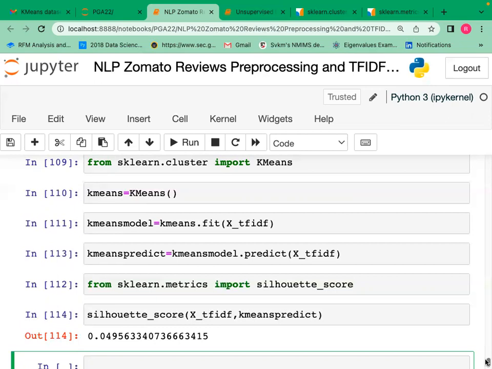So that means the clustering is very bad. 8 clusters is very bad.